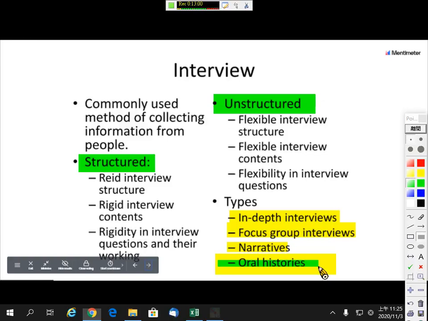For example, let's say Tsai Ing-wen, maybe after she retired from the presidency, 20 years later, and you become a renowned scholar, you have the privilege to interview her. Then she would give you a lot of her own story, right?